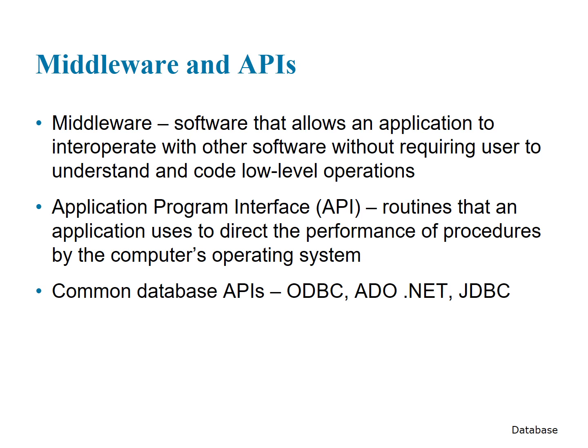I already explained the middleware and application programming interface and common database APIs. Middleware is software that allows an application to interoperate with other software without requiring the user to understand and code low-level operations. An application programming interface is a set of routines that an application uses to direct the performance of procedures by the computer's operating system.